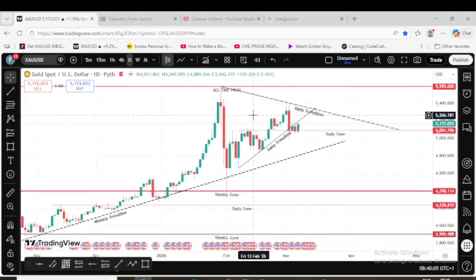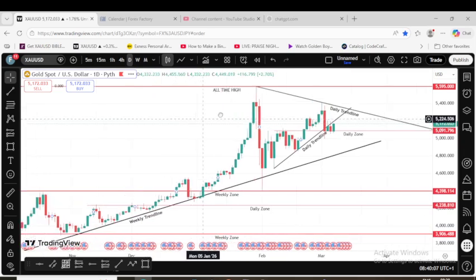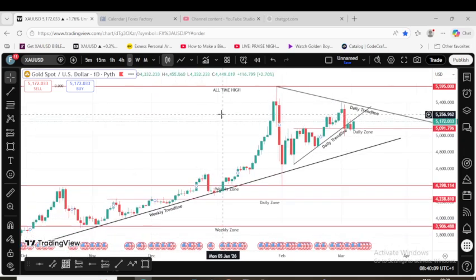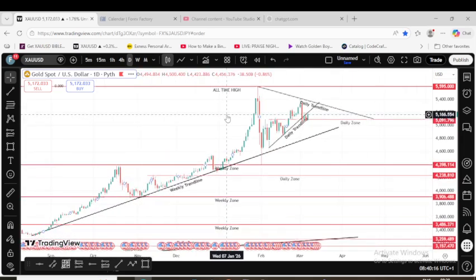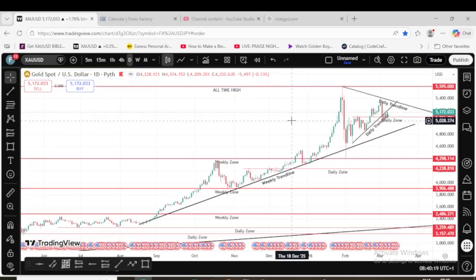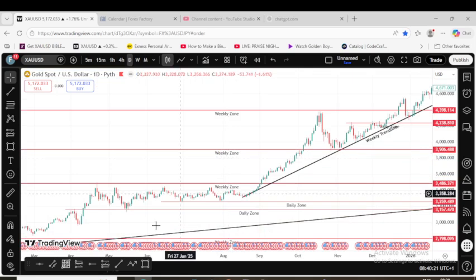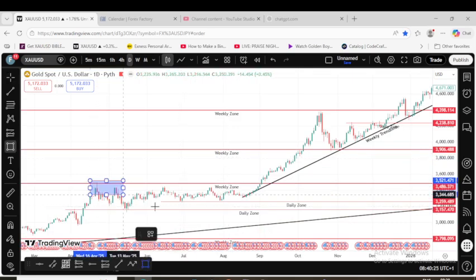The next thing for us to do is to identify our trend origin. So let's zoom out and see where we can spot our trend origin. Gold has been in an uptrend for an incredibly long time.